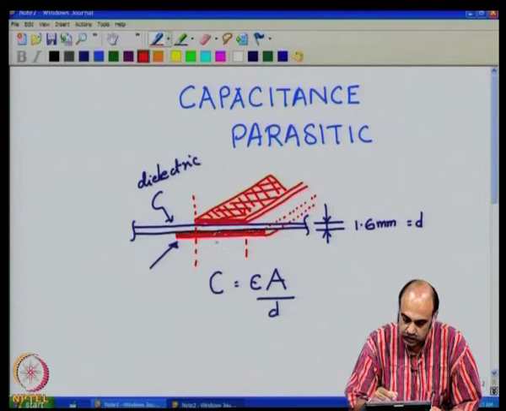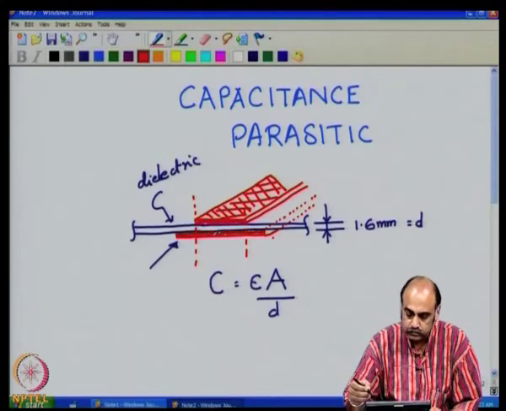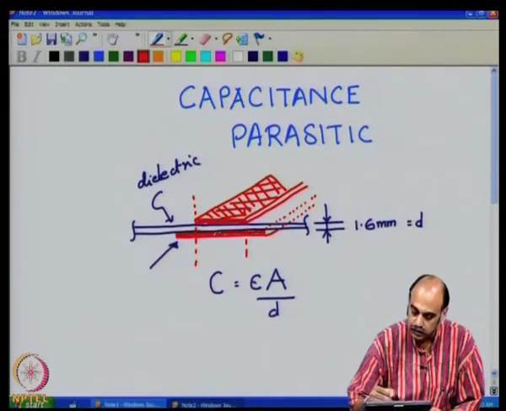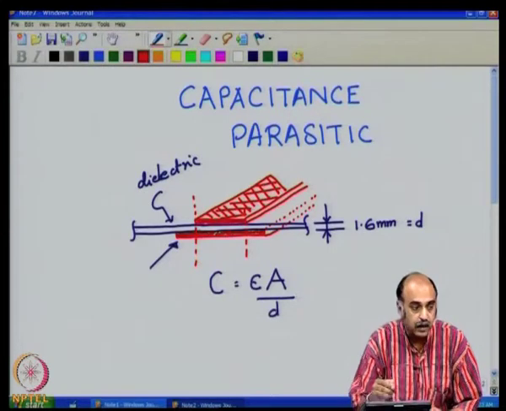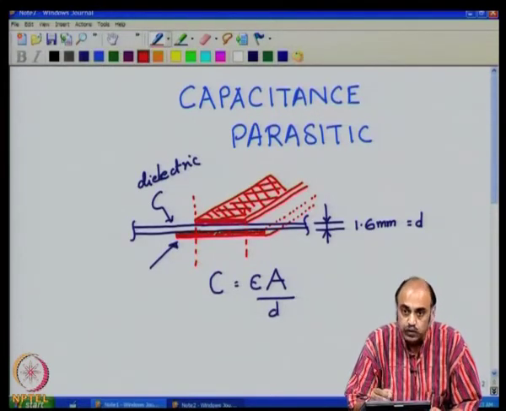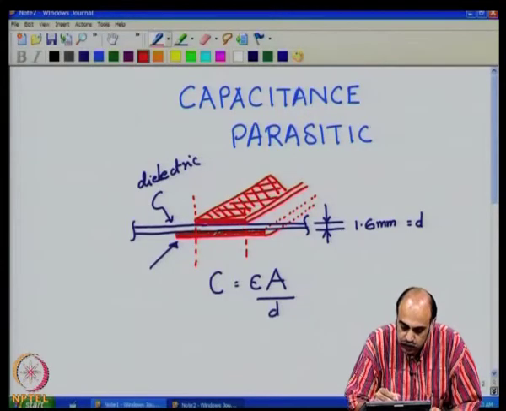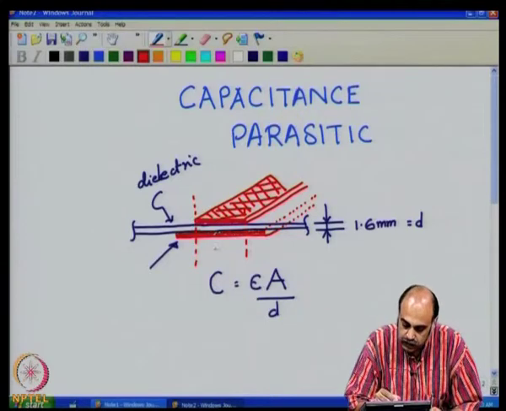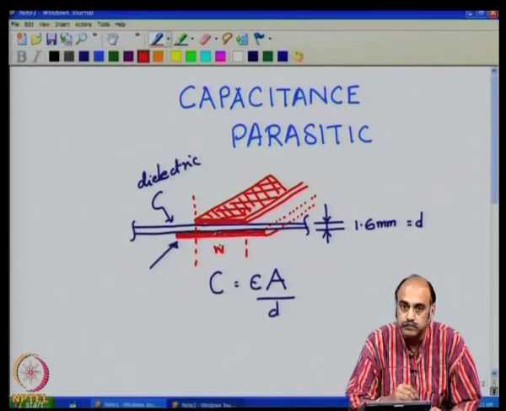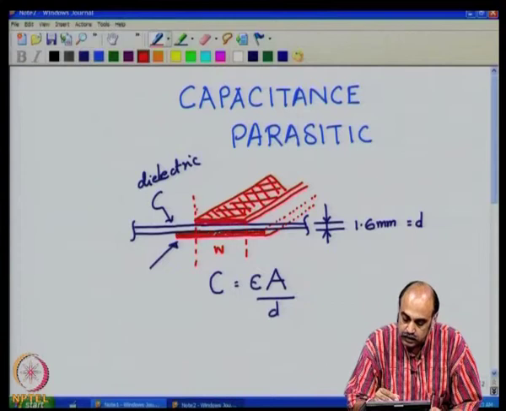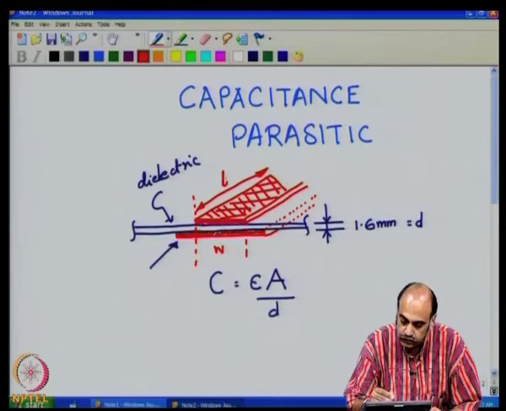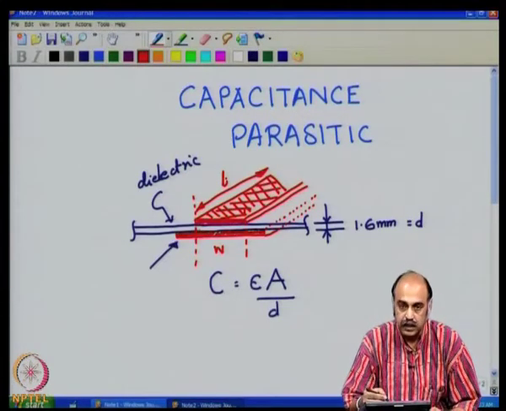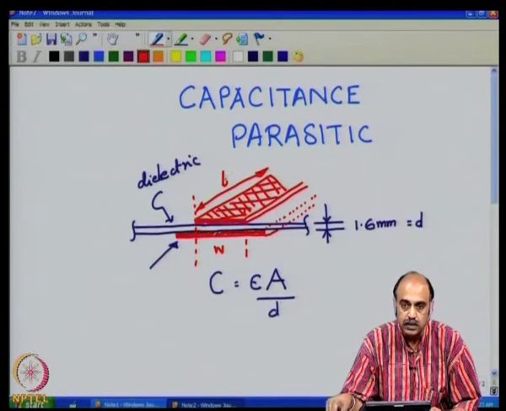So, you just take these common areas and find the value of A, which would mean you take the smaller of the widths of these two tracks, and if that is W, and the length of the track, which is L, then W into L would be the common area.